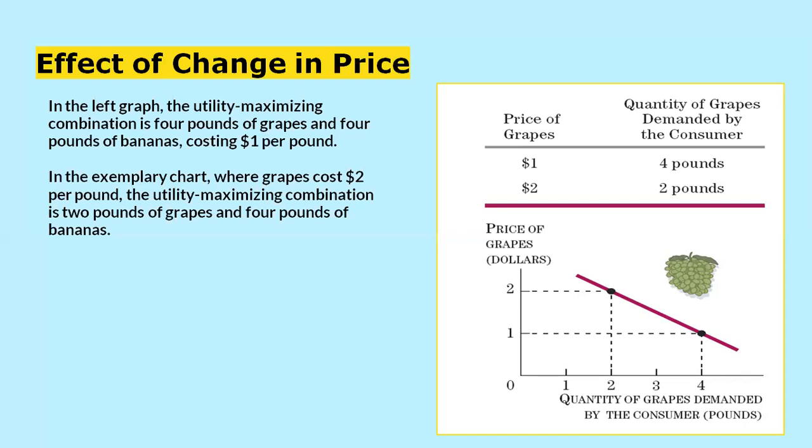In the example chart, where grapes cost $2 per pound, the utility maximizing combination is 2 pounds of grapes and 4 pounds of bananas.